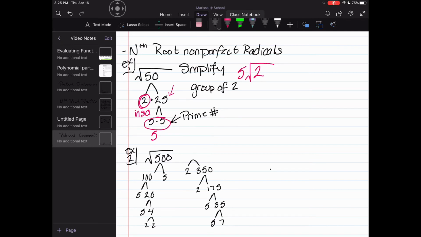So, if I'm looking through here, I have 2 5s that I can now pull out. And then I've got a group of 2's that I can pull out. If I'm looking at the other side, I've got 2's and I've got 5's that I can pull out here. Either way, you're going to end up with the same answer.